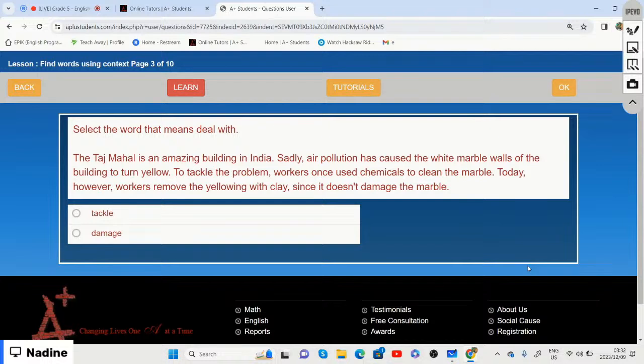So now we need to select. Is it to tackle, which means to deal with, or damage means to deal with? What does it mean to deal with? We need to choose a word.